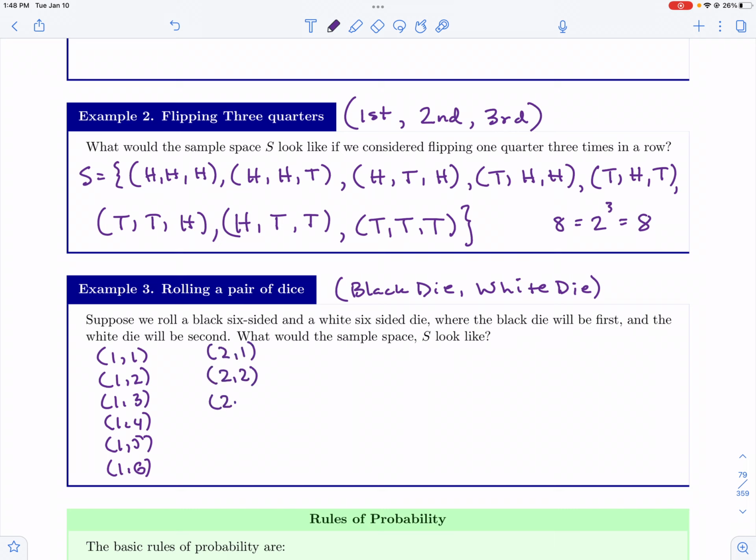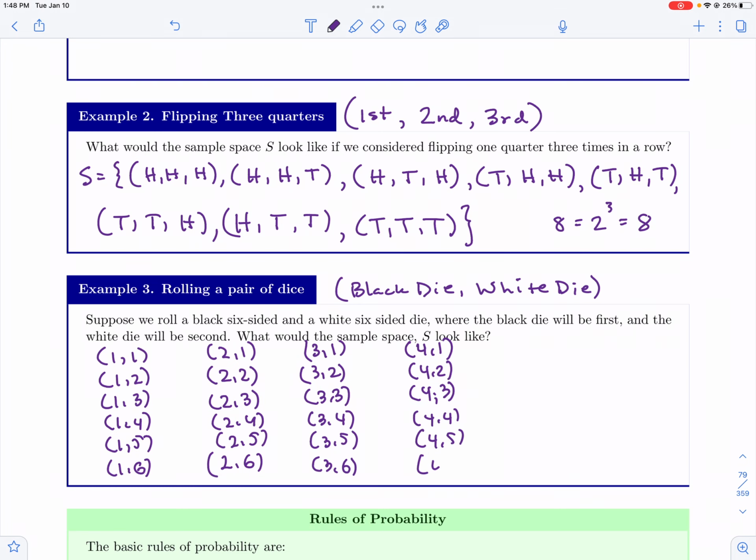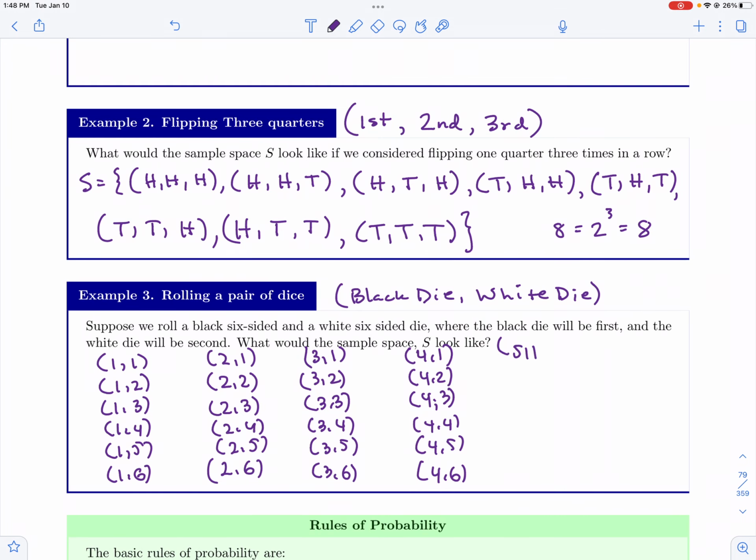2; 3,3; 3,4; 3,5; 3,6; and then 4,1; 4,2; 4,3; 4,4; 4,5; 4,6; 5,1; 5,2; 5,3; 5,4; 5,5; 5,6; and then finally 6,1; 6,2; 6,3; 6,4; 6,5; and 6,6.